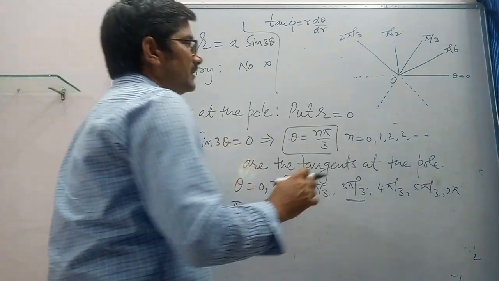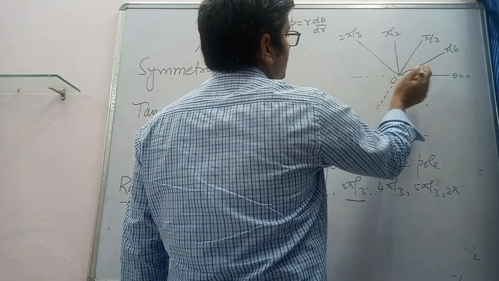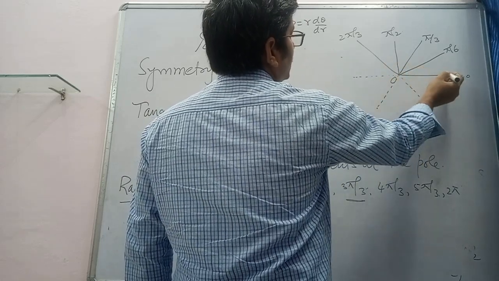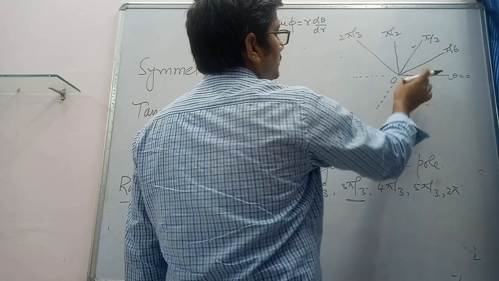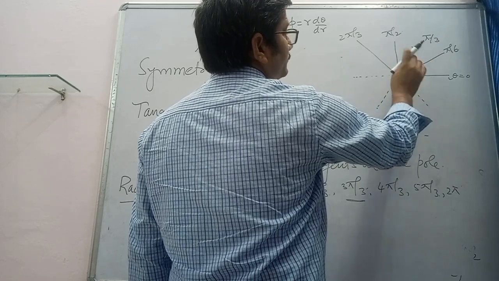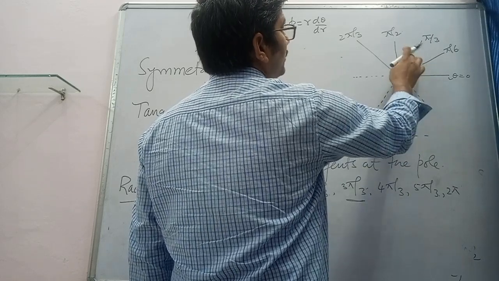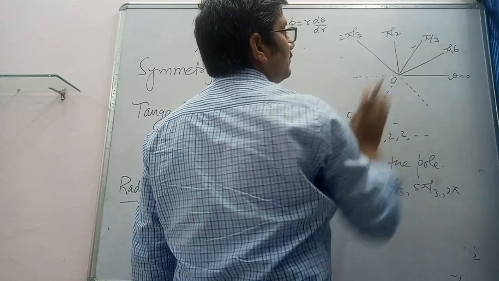Why theta equal to pi by 6? Because we have already discussed that these 2 lines are the tangents at the pole. So consider a value just between these 2, means mean value of theta equal to 0 and pi by 3. So this value is theta equal to pi by 6.